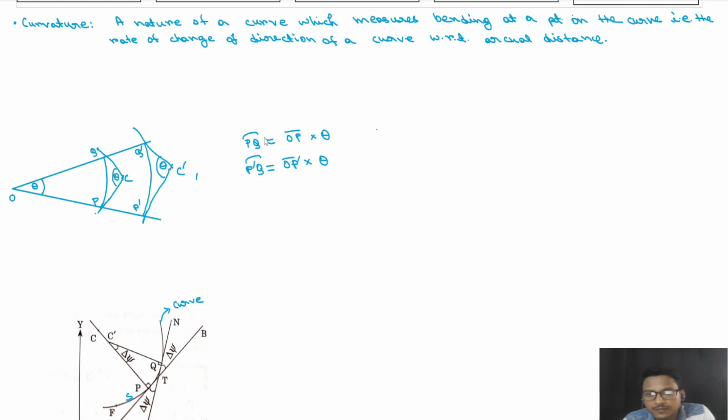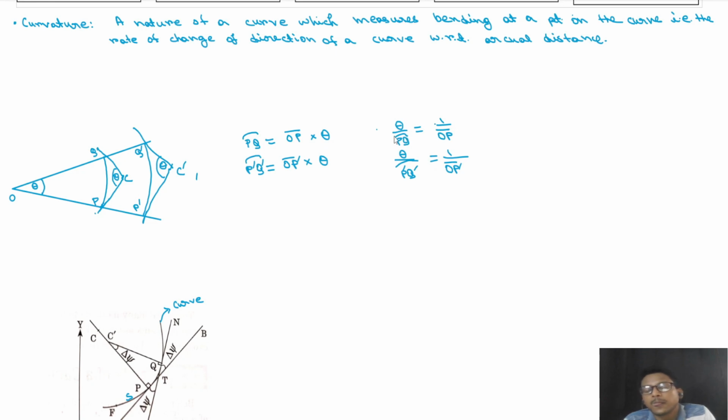So see, the rate of change, which we generally measure by theta divided by the arc length PQ, this is theta by the radius OP, and similarly here theta by P dash Q dash, this will be theta by OP dash, right?